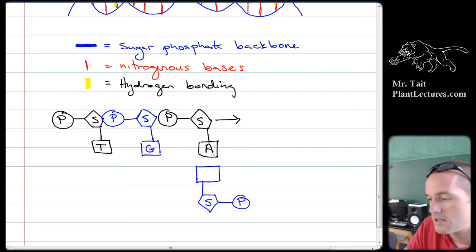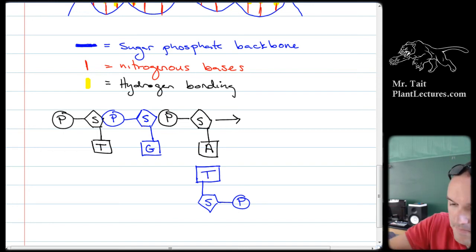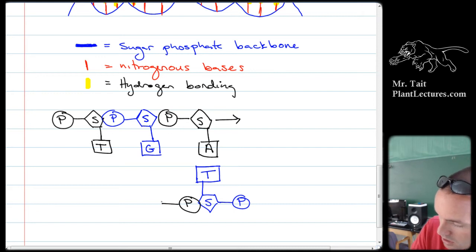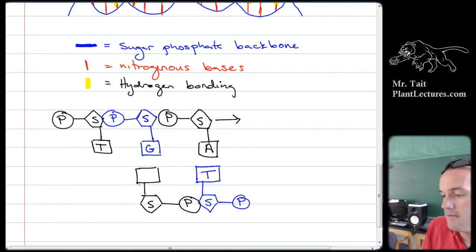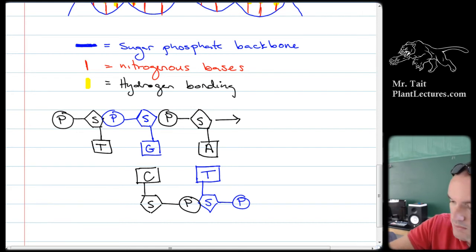Which nitrogenous base goes to adenine? Thymine does. A to T, yep. And so this one here is the phosphate. Here's the sugar. Here's the nitrogenous base. Which nitrogenous base is that? Cytosine. C, yes.